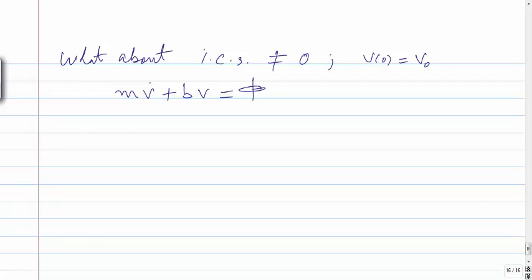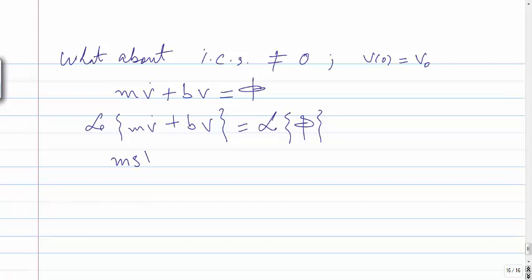In that case, if we apply the Laplace on both sides, it becomes m s v of s minus m v of 0 plus b v of s is equal to 0.